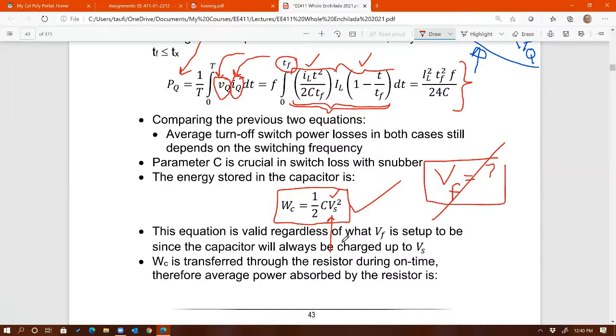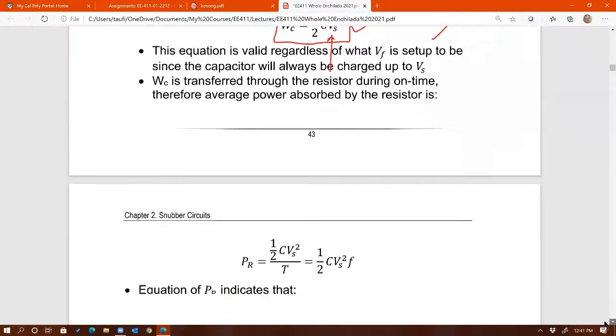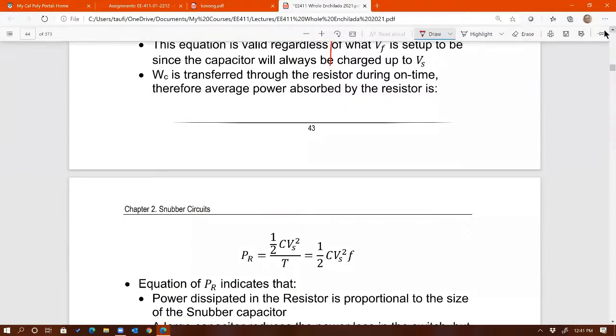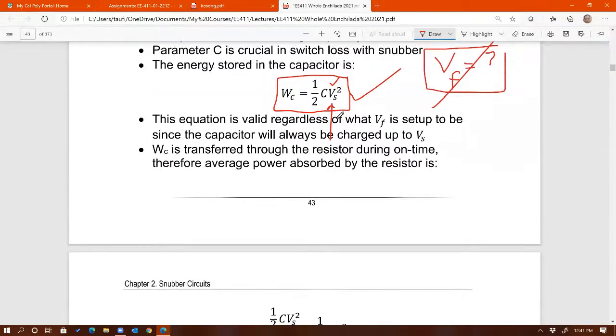And as I said earlier, this energy will have to be released, right? Delivered back to hopefully the source, or through the load. But unfortunately, in this case, it does not do that. Rather, it goes through the resistor, and in the process will be transformed into heat, right? And how do you then convert from energy to power?